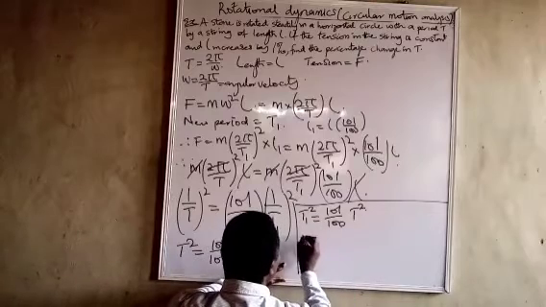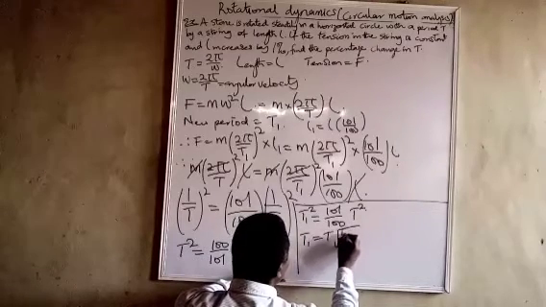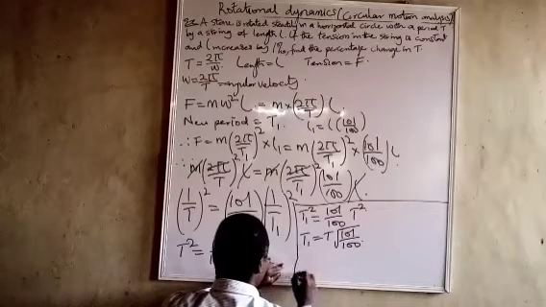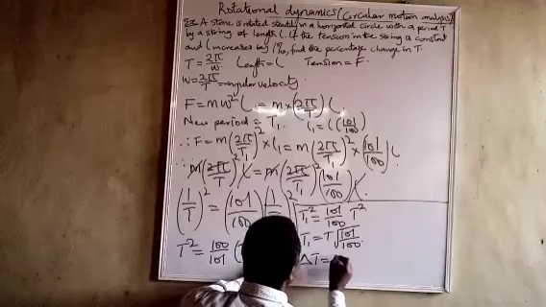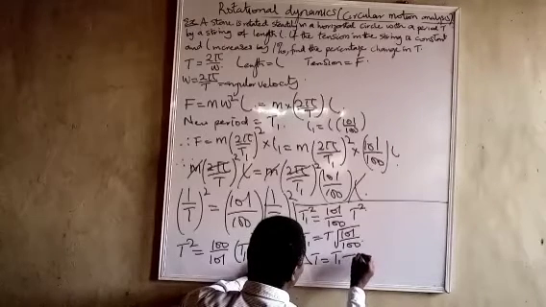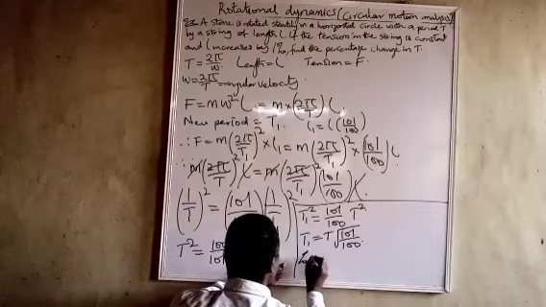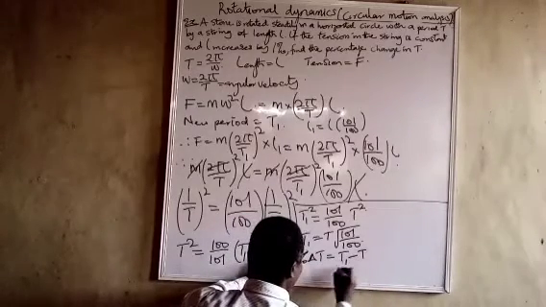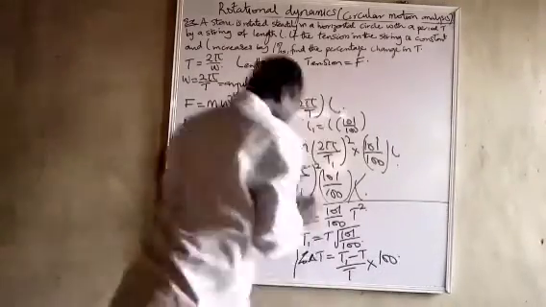So invariably, T1 is equal to T times the root of 101 over 100. So change in T is T1 minus T. Percentage change in T is equal to (T1 minus T) over T times 100.